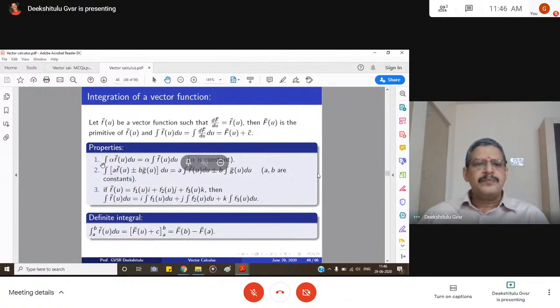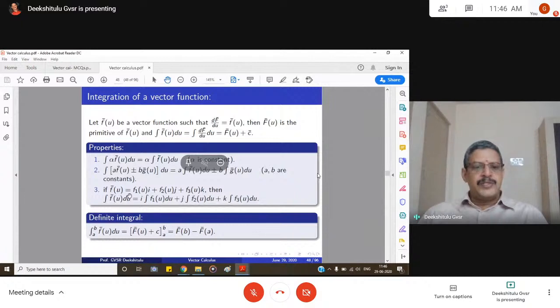Then the properties of integration: the integral of alpha times f bar u is alpha into the integral of f bar u, where alpha is a constant. The integral of a into f bar u plus b into g bar u, when a and b are constants, is a into the integral of f plus b into the integral of g. This is called the linear property.